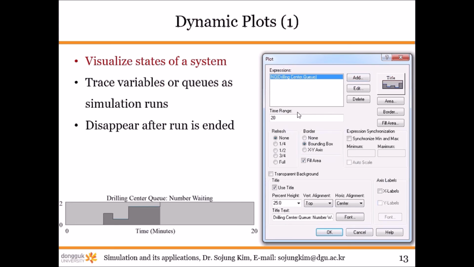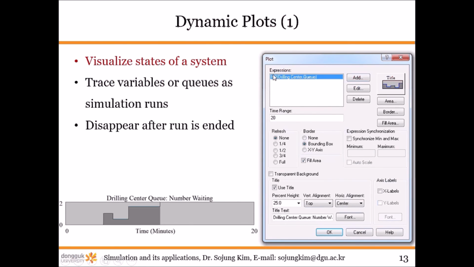And in model 3-1 there were two dynamic plots, right? One was showing the number of entities in the queue. We used the NQ function to show the number of entities in the queue.